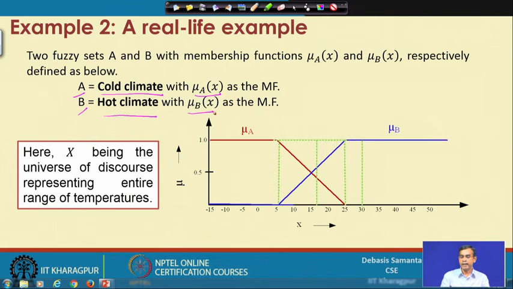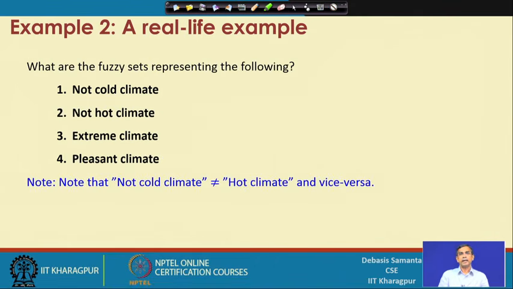The two fuzzy sets can be represented graphically using this shape, this is A and this is B. Any operation we perform on A and B has a meaningful representation.